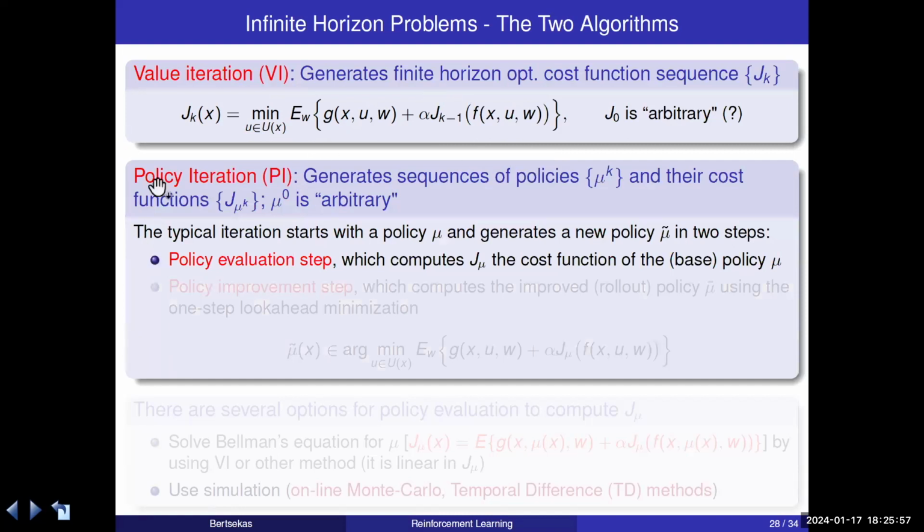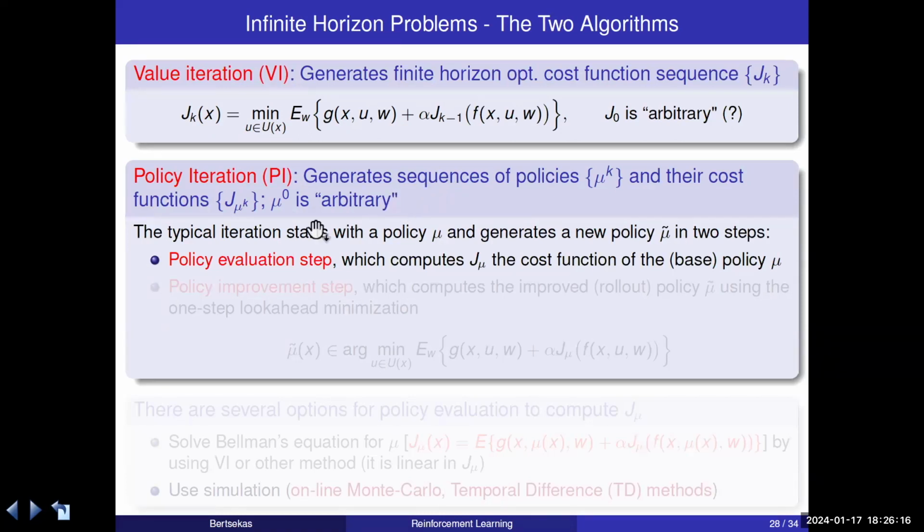The other algorithm is policy iteration. Instead of generating a sequence of optimal cost functions, it generates a sequence of policies and their cost functions, starting from some more or less arbitrary policy.